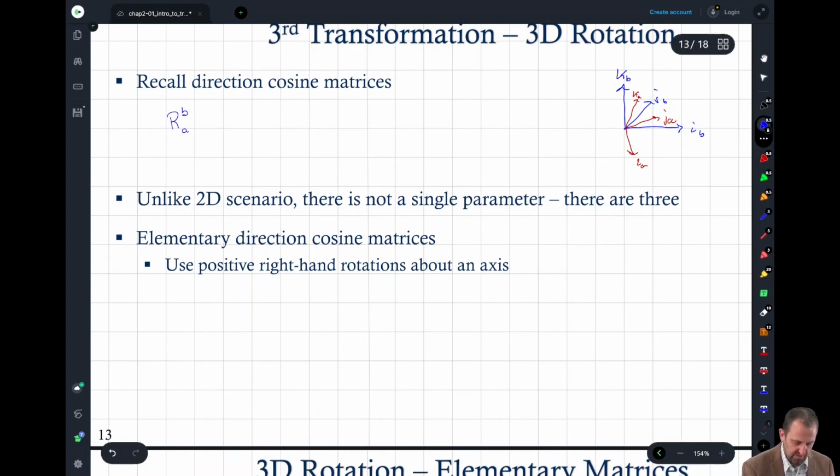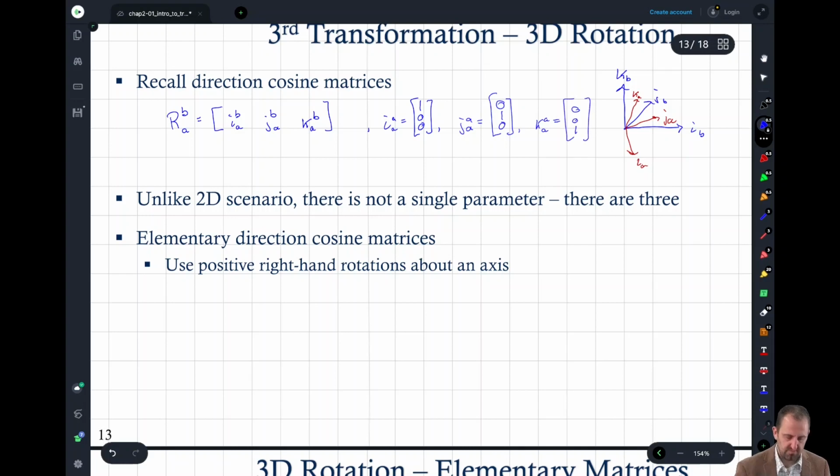R from A to B is equal to I_A, J_A, and K_A, all written in frame B, expressing each one of those vectors in frame B. Since we're in 3 dimensions, we write our elementary vectors as such: I_A in A is 1, 0, 0; J_A in A is 0, 1, 0; and now K_A in A is 0, 0, 1. But that's if they're expressed in the exact same frame.